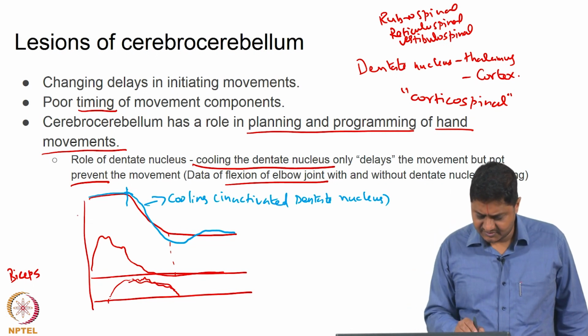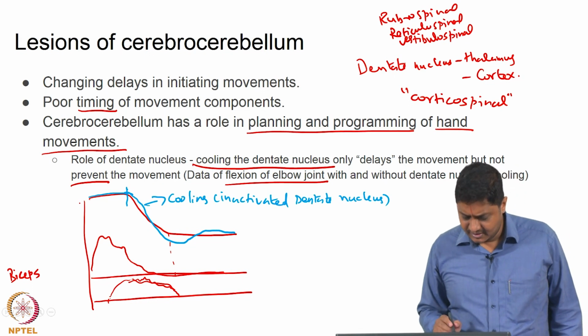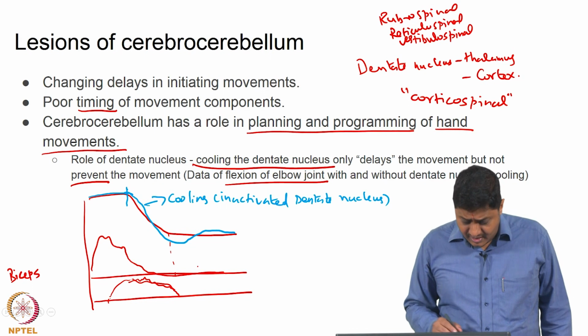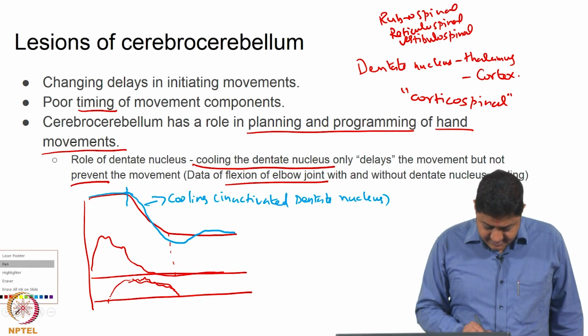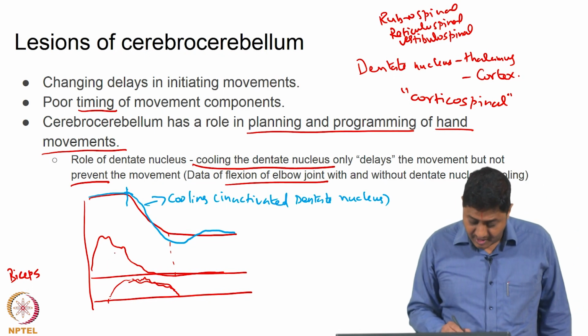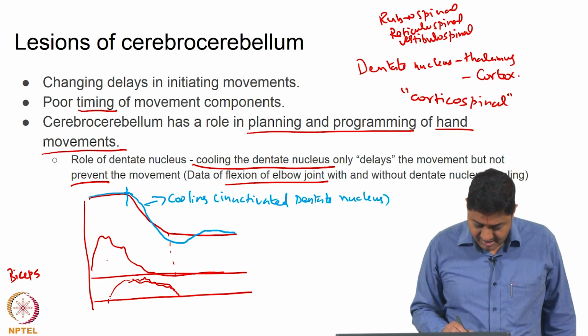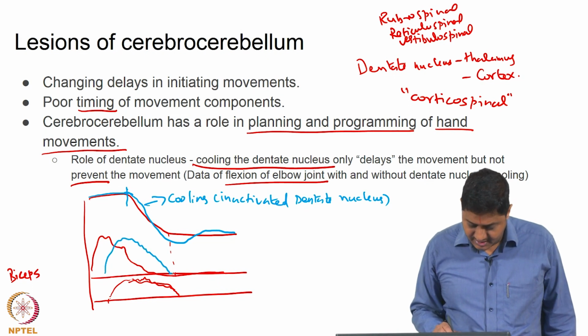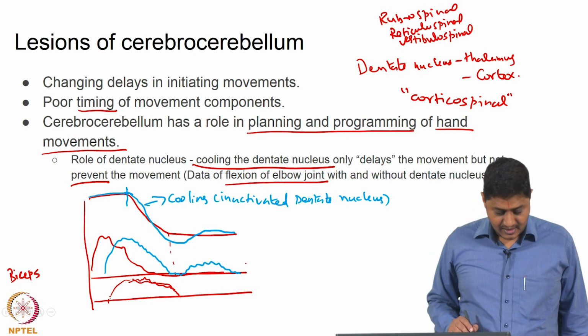These diagrams are not timed appropriately, but what is more important is the difference between the two cases, obviously, for us that is more important than this. So, what happens with cooling, I am going to draw in blue, is that the biceps activity is delayed and does not have proper termination, continues like that.